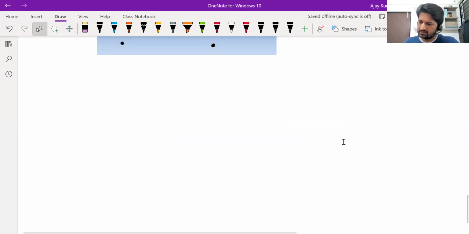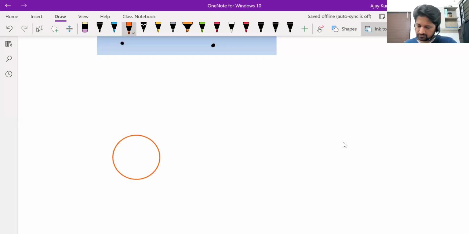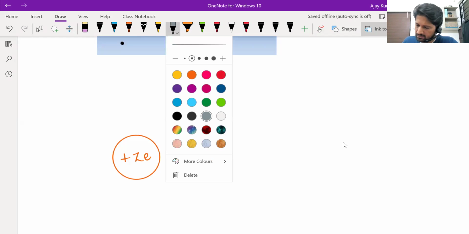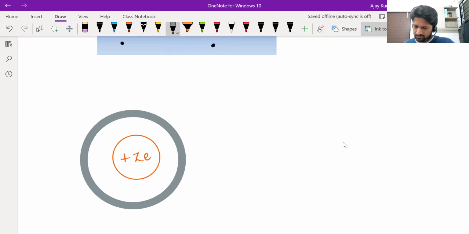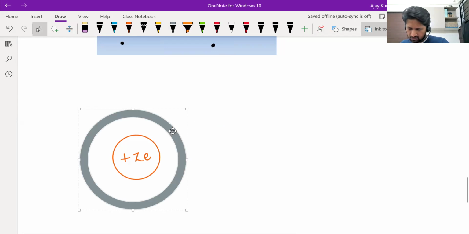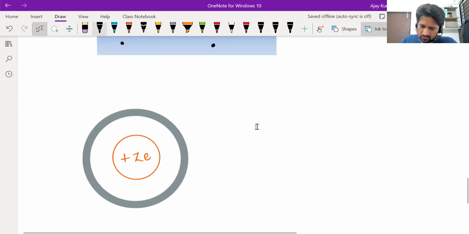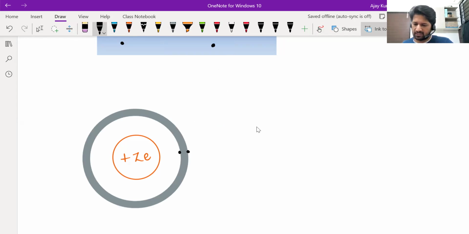You can visualize it like this. Suppose this is the nucleus. One range of energies we will call the valence band. I am intentionally drawing it thick. This is the lowest energy of the valence band, and this is the highest energy of the valence band.